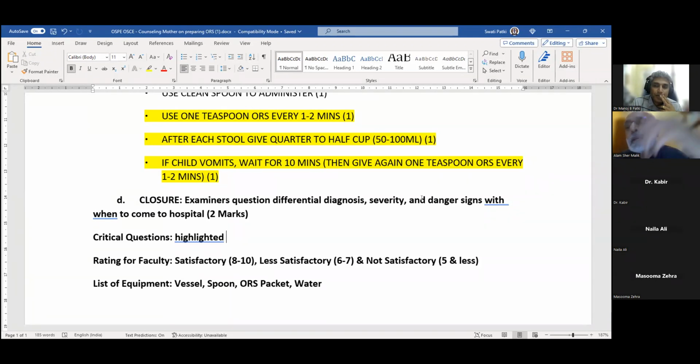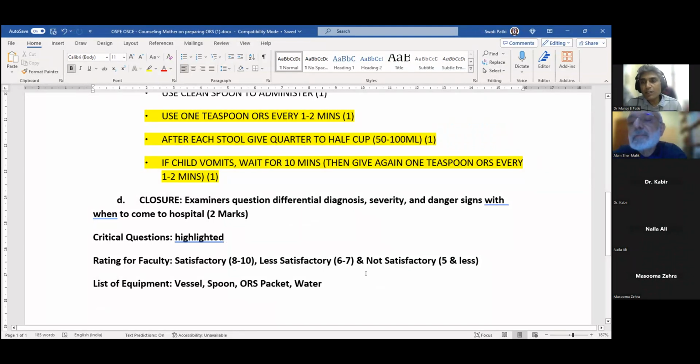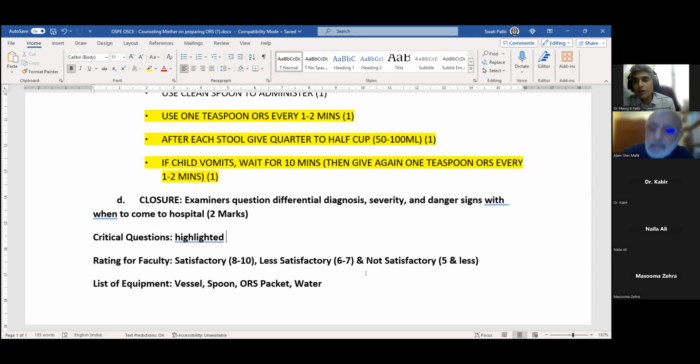As an examiner, first you ask the student to prepare, and then you ask the student to instruct the mother about the administration. These could be either written or verbal questions. One thing, sir, he can verbalize what he is doing while preparing. So the standardized patient knows the different steps of how to prepare. Absolutely right.